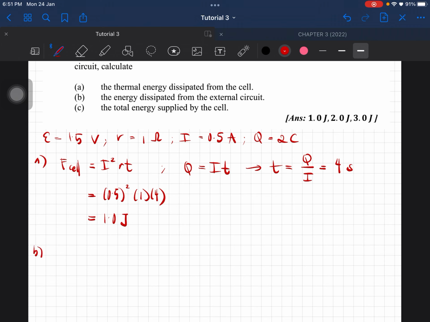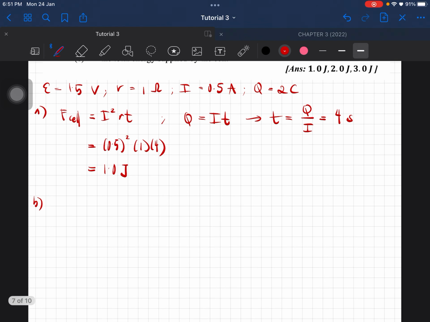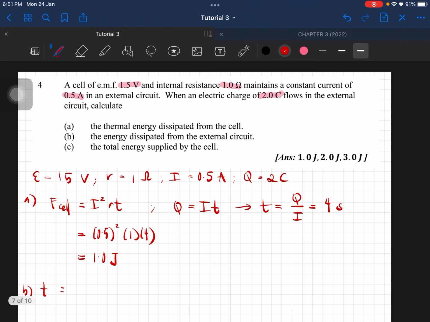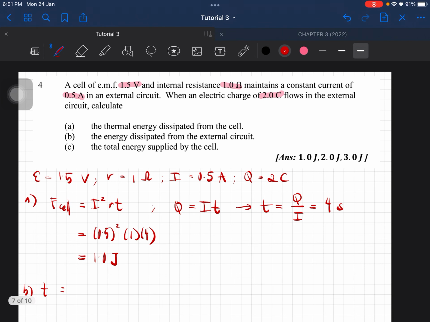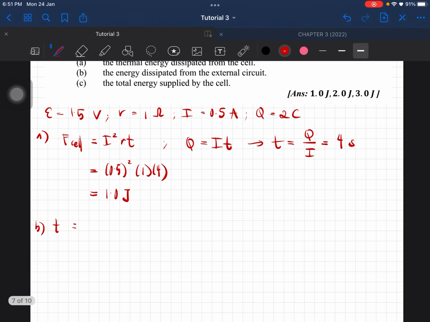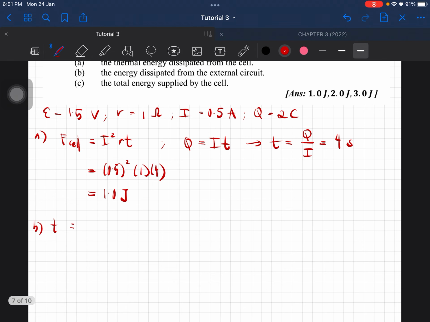Okay, then the next question, energy dissipated from the external circuit. For the external circuit, we will also use the time, which will be the same, 4 seconds as well.